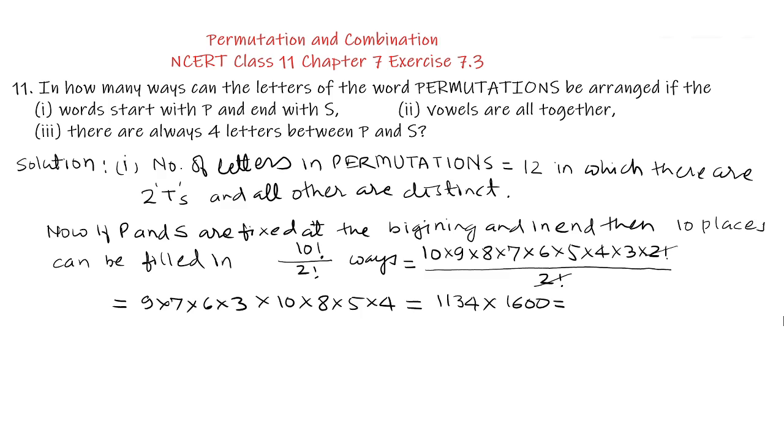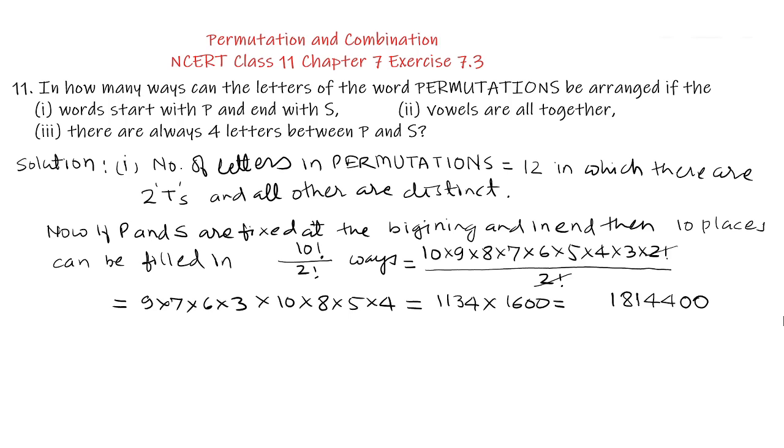Now we multiply 1600 by 1134. We write the 2 zeros of 1600 aside and multiply 16 by 1134. 16 times 4 is 64, we write 4 and carry 6. 16 times 3 is 48, and 6 is 54, we write 4 and carry 5. 16 times 1 is 16 plus 5 is 21, we write 1 and carry 2. 16 times 1 is 16 plus 2 is 18.